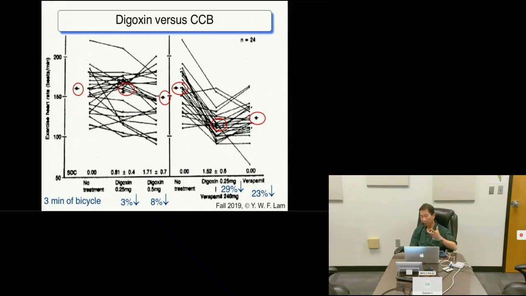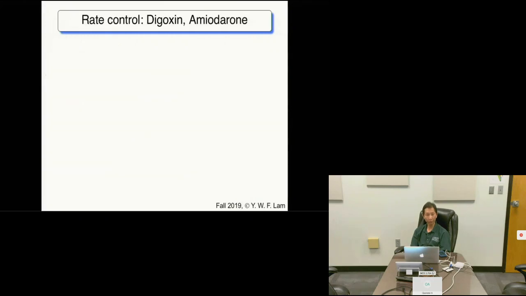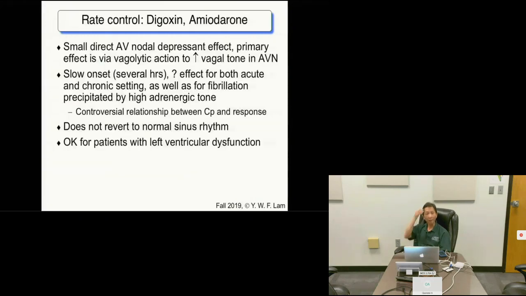So with the two slides, essentially what I want to do is give you an idea, using a study that compared digoxin versus calcium channel blocker, that digoxin is really not very effective in controlling ventricular response rate, especially if there is a high adrenergic tone. Unlike the calcium channel blocker, digoxin really only has a very minor direct effect on the AV node.